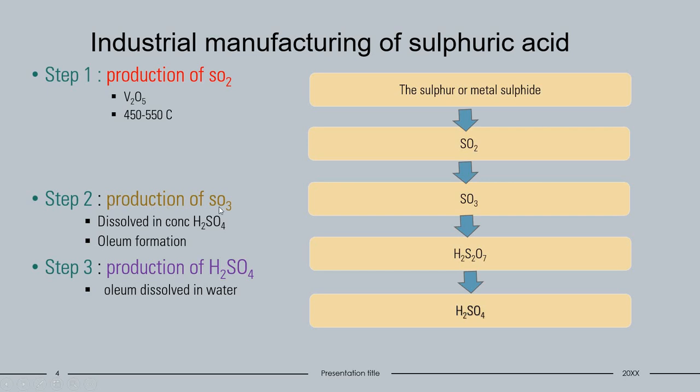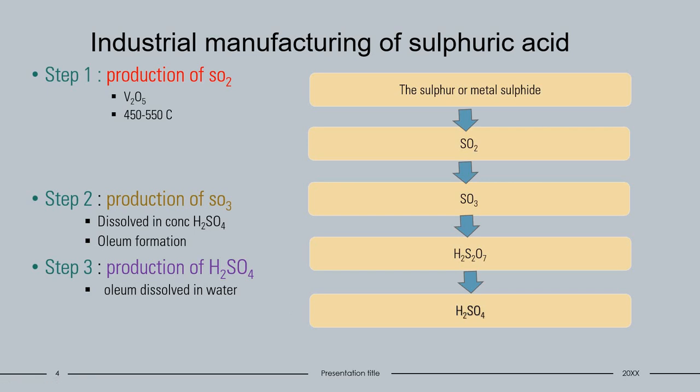So production of sulfur trioxide is the second step. The sulfur trioxide produced then reacts with concentrated sulfuric acid and oleum is formed. So the third step is the production of sulfuric acid from oleum. Oleum is then dissolved in desired quantities of water to form the desired concentration of sulfuric acid.